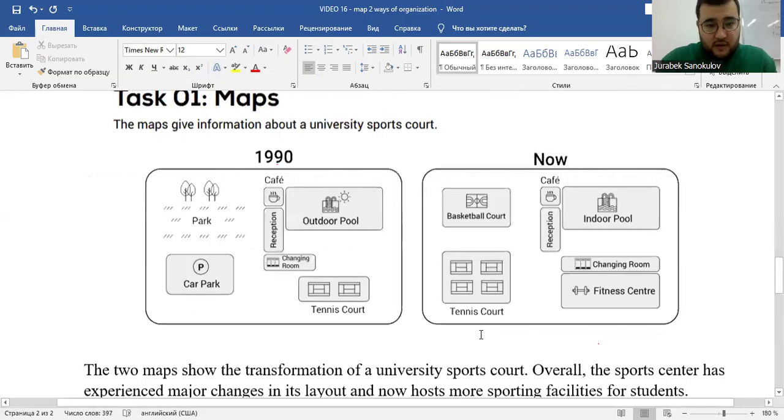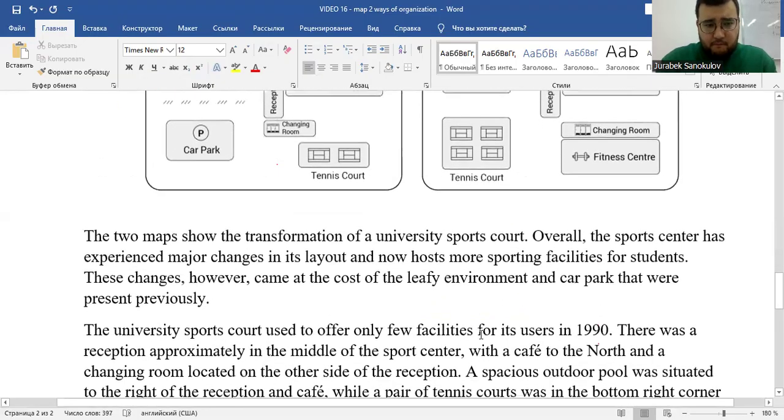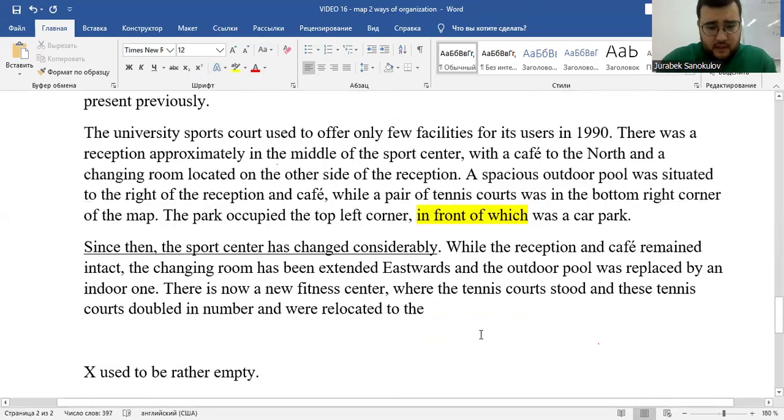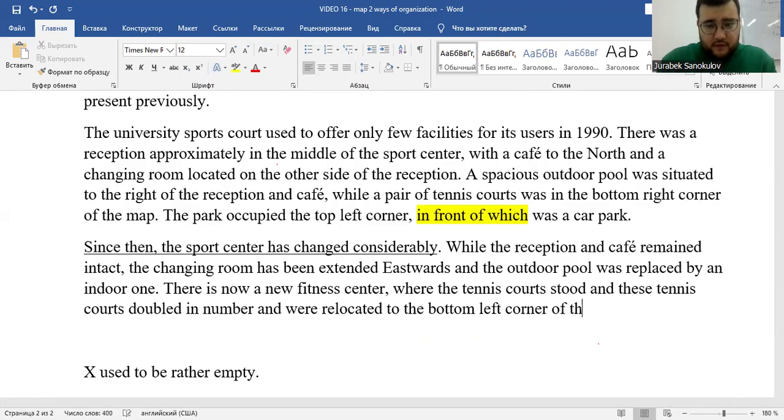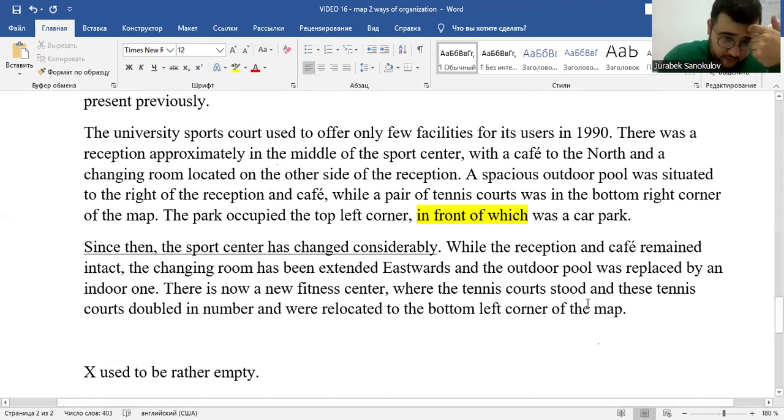Relocated to the, let's say, bottom left corner of the map. So now this sentence looks quite long to me. So let's see what I can do.